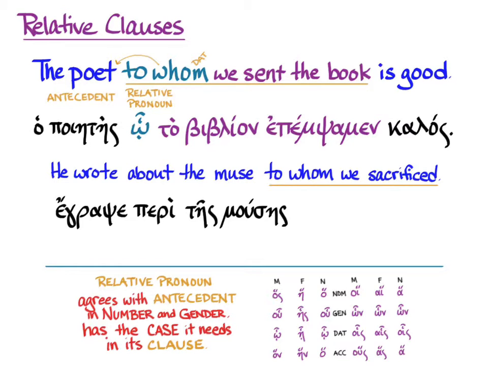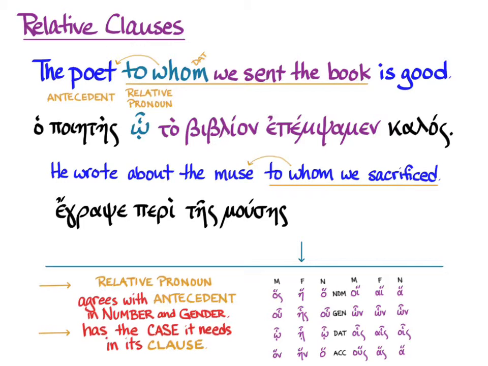Now for the relative clause, the antecedent is muse, so when we follow the first rule, we pick the relative pronoun that is in the same number and gender as muse, and so that means we're going to choose a feminine and singular relative pronoun. The second rule has us look at how that pronoun is being used in the relative clause.